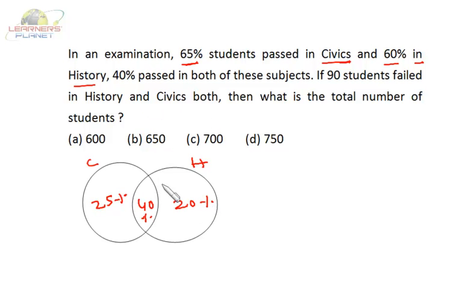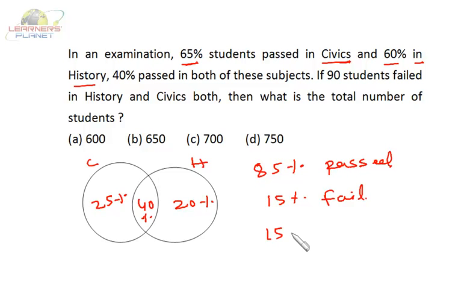This is the total number of students who passed. What is that? 25 plus 40 is 65. 65 plus 20 is 85. That means 85% students passed, and 15% failed. And 90 students failed.